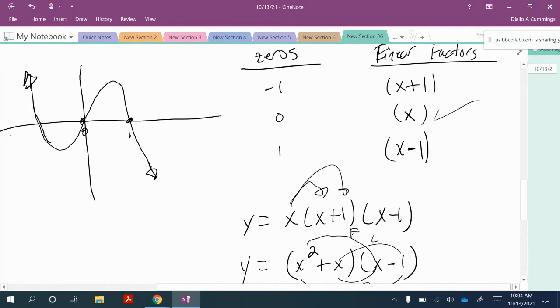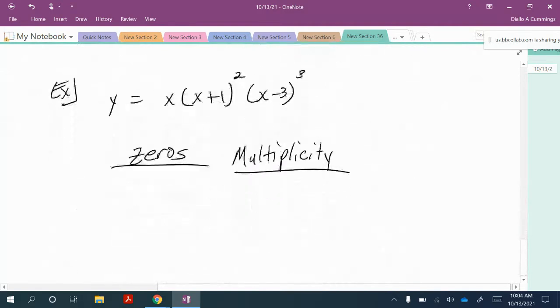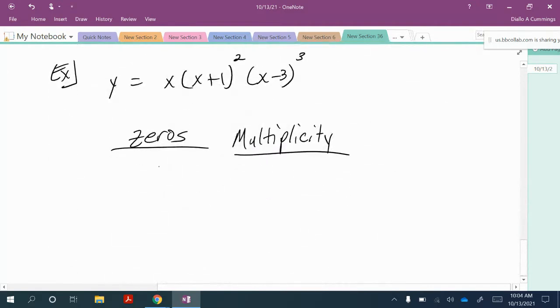So I'm given a linear factor x, and the linear factor x as a 0 is 0. So one of my zeros is 0. Now for the multiplicity, you simply look for the exponent that that factor carries. That x is raised to the first power, so that 0 has a multiplicity of 1.